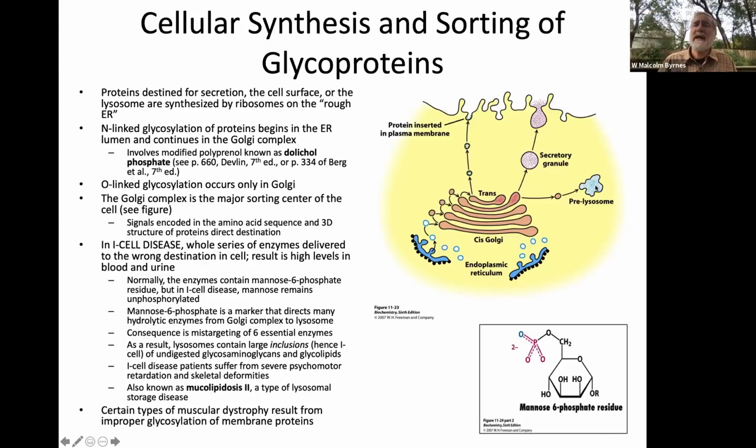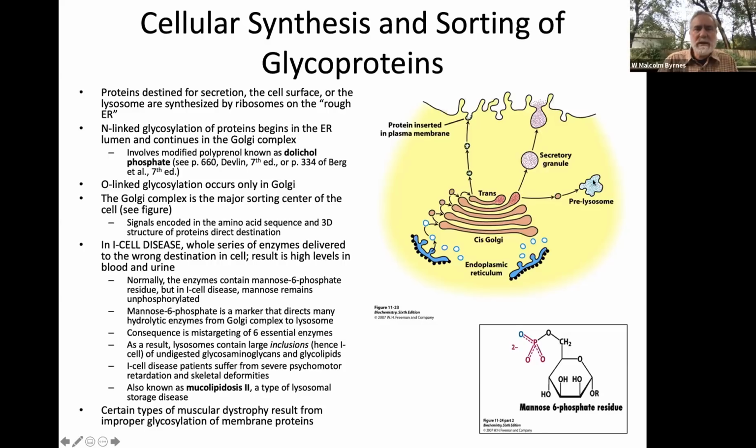They don't make it there. They end up, you know, going into the blood and urine instead. And so the lysosome becomes engorged with molecules that should have been degraded, like glycosaminoglycans and glycolipids. This engorgement causes the disease.